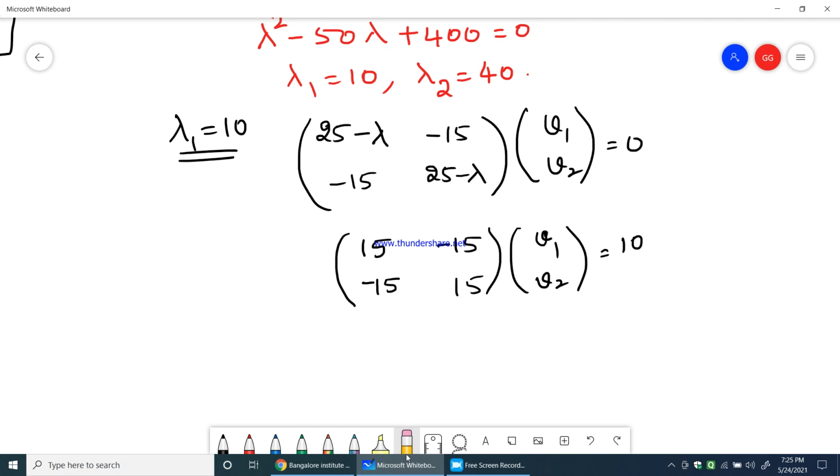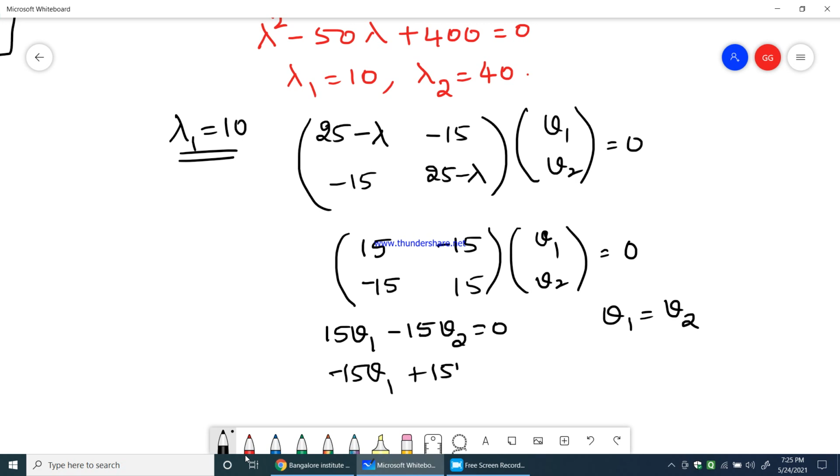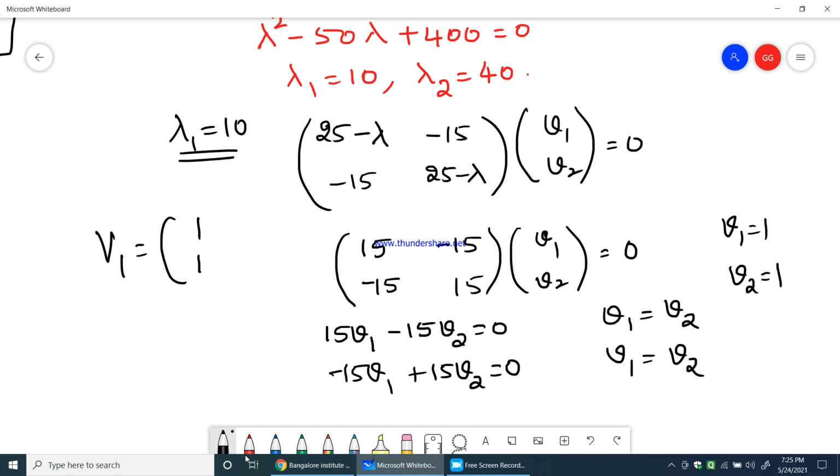Therefore 15 v1 minus 15 v2 equals 0, first equation. So v1 equals v2 because 15 gets cancelled. Similarly, minus 15 v1 plus 15 v2 equals 0, again v1 equals v2. When v1 equals 1, v2 is also 1. Therefore the first vector we get is 1 and 1.